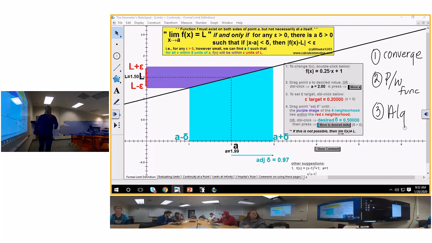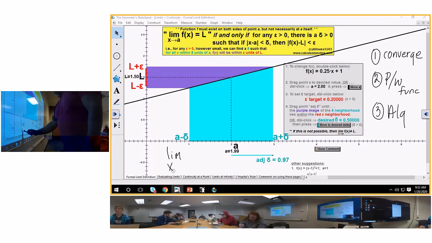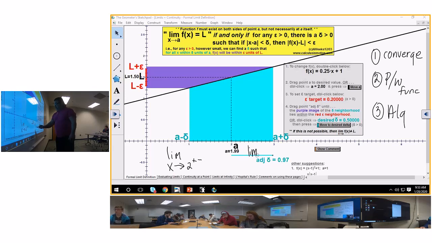So if I was doing a limit here, that limit as x approaches 2 from the right and left. Now that's what the positive and the negative means up in the top right hand corner, or it'll be on the left. I don't care. Probably will be on the left. If I say limit as x approaches 2 from the right, that would be this side.